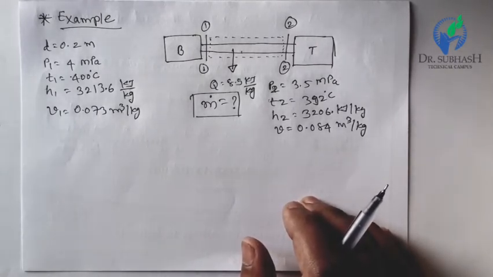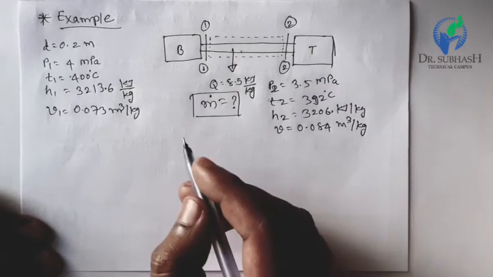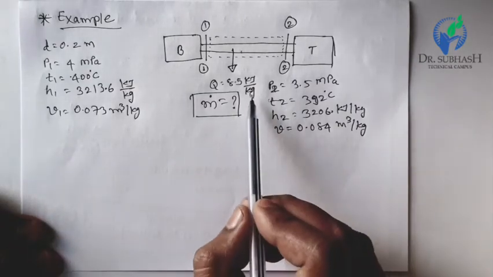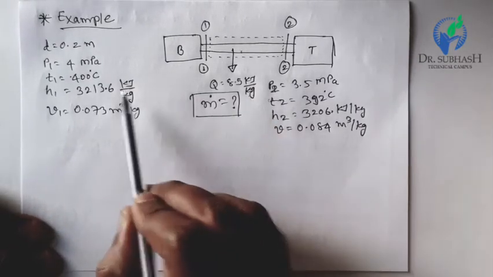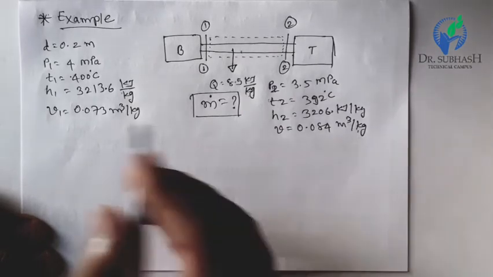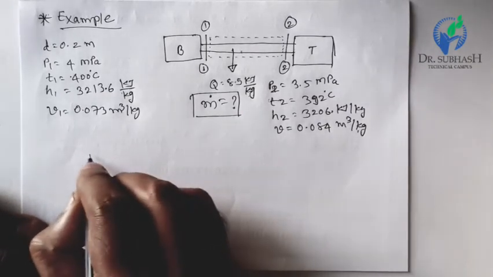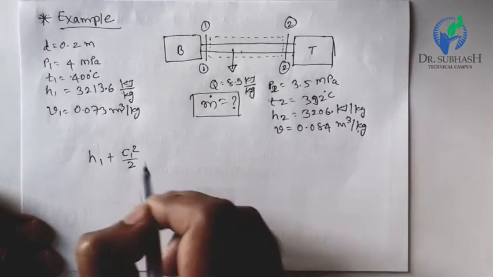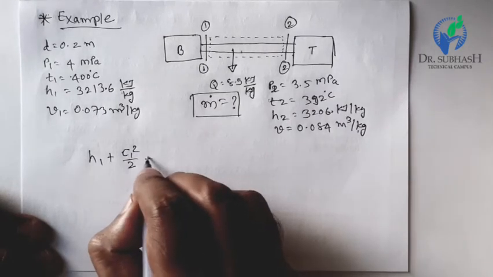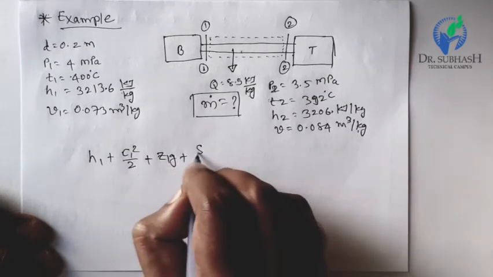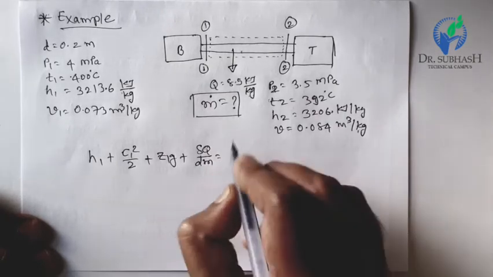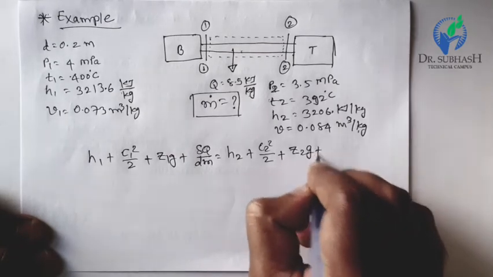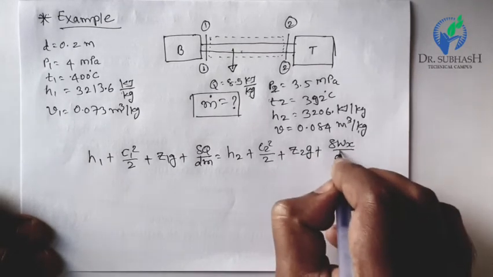At this stage we will start the solution with the steady flow energy equation for the first law, based on per unit mass, because all the data is given per unit mass. So the equation will become: H1 plus C1 square by 2, where velocity is C1, plus Z1g plus del Q by dm equal to H2 plus C2 square by 2 plus Z2g plus del Wx by dm.